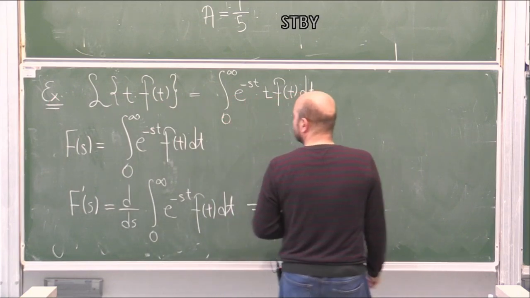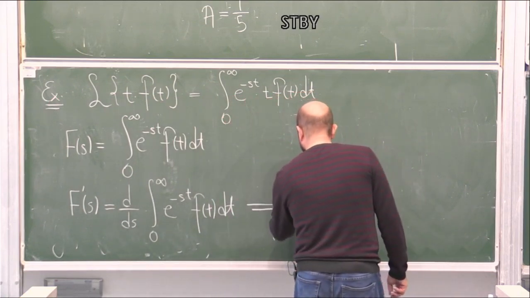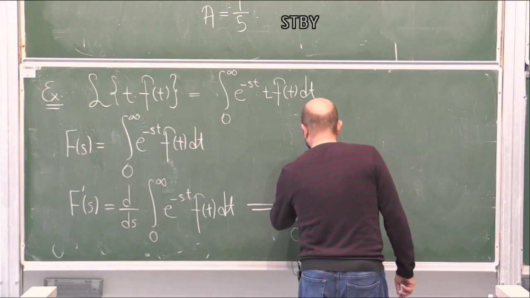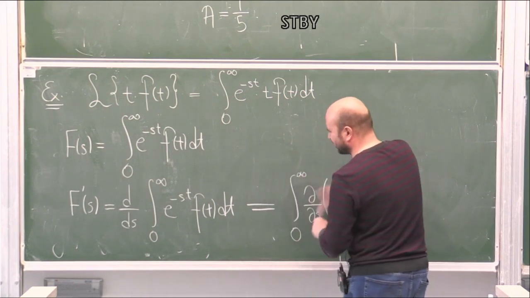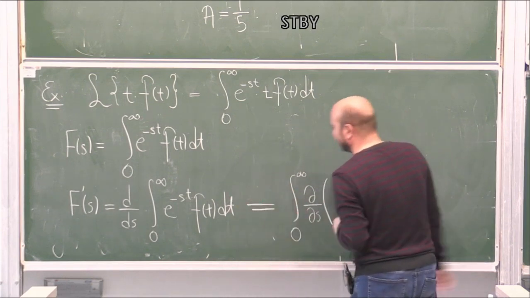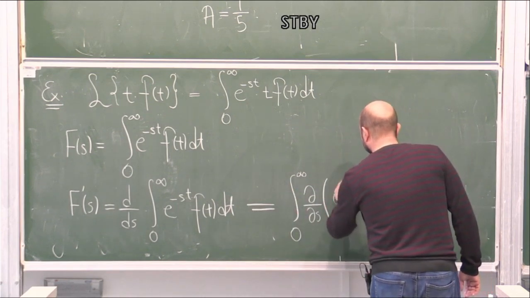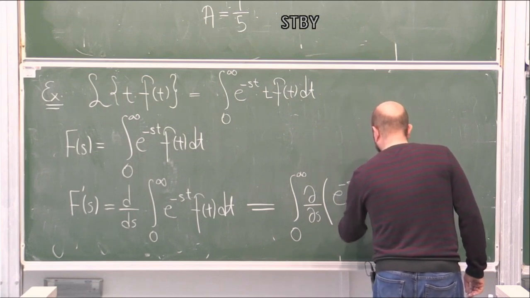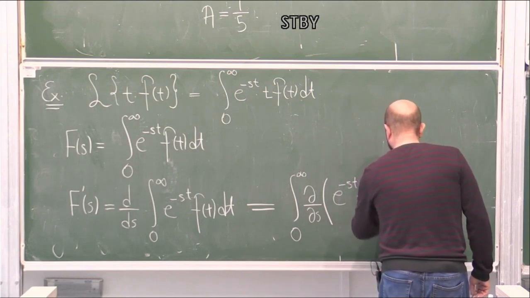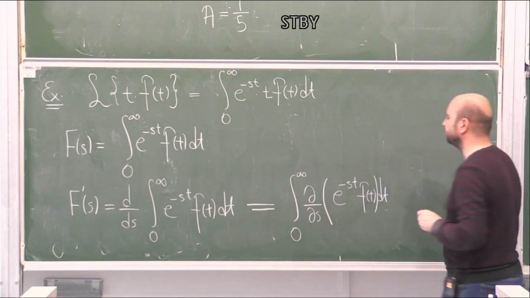Okay. So then from 0 to infinity, I will take the partial derivative with respect to s. I wrote the partial derivative because the inside depends on s and t, f of t dt.